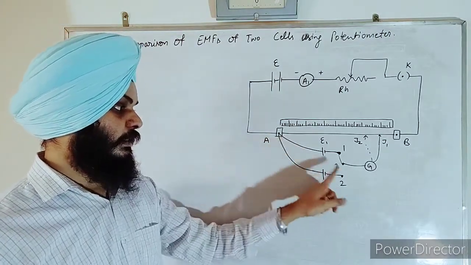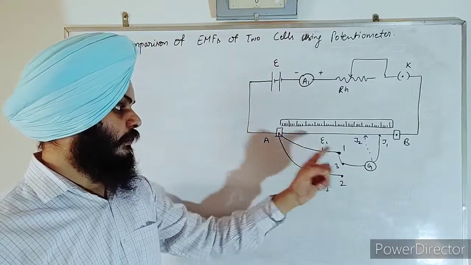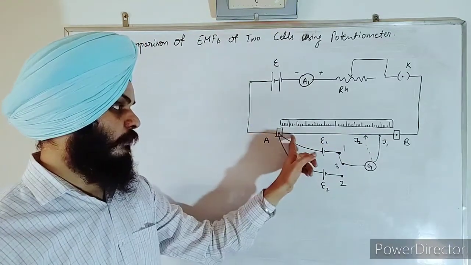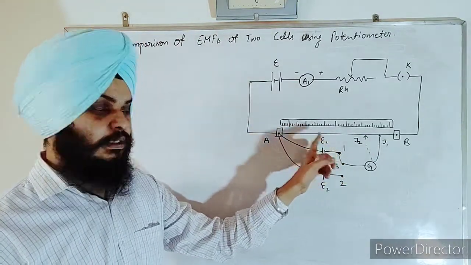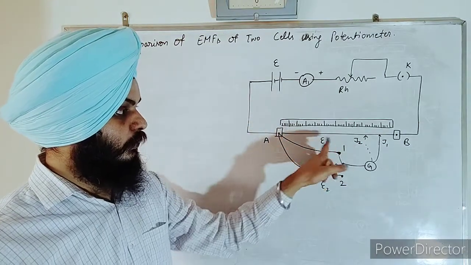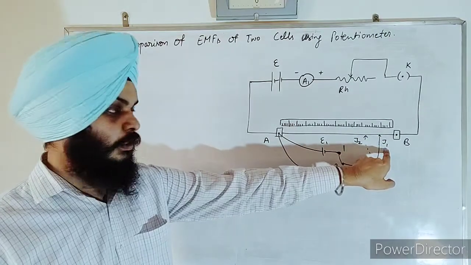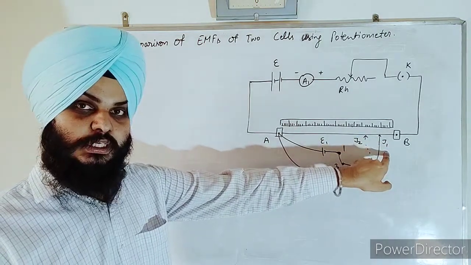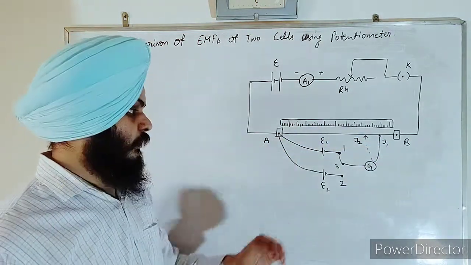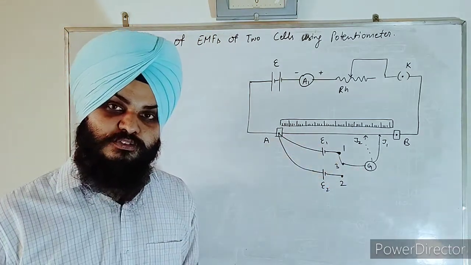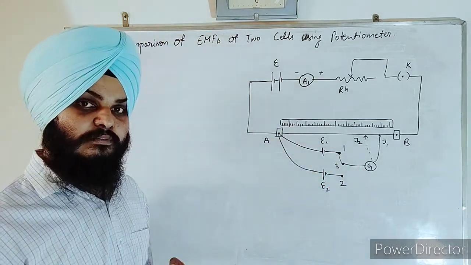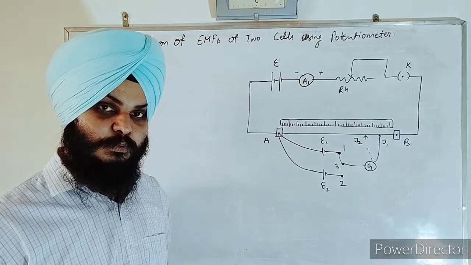Say I connected this and I started moving the jockey on this side. Going on this side we get some point, say J1. This is the position of jockey for which the galvanometer shows no deflection. That means we have found a balanced point.